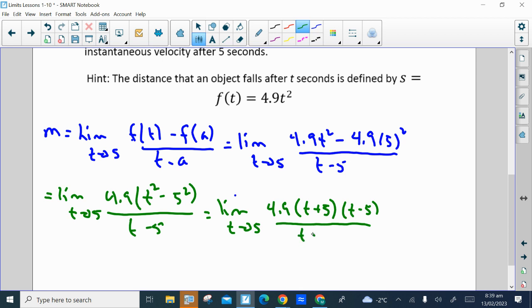And so now the t minus 5s will cancel, and we've gotten rid of that factor of t minus 5 on the bottom. So now we can evaluate this when t equals 5. So this will be 4.9 times 5 plus 5, which is 10, or 49, and that would be in meters per second.